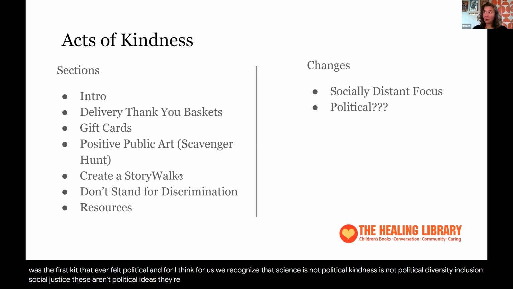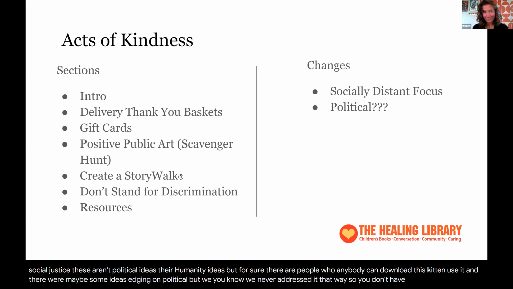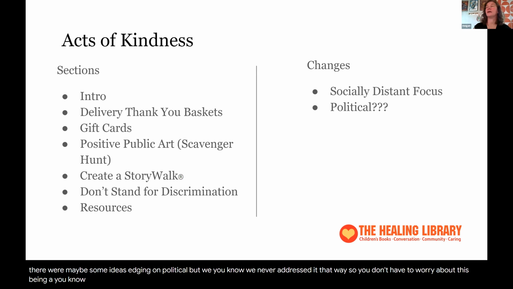Anybody can download this kit and use it. There were maybe some ideas edging on political, but we never addressed it that way. So you don't have to worry about this being a conservative kit or a liberal kit. It is just a kit. The ideas are just in there.